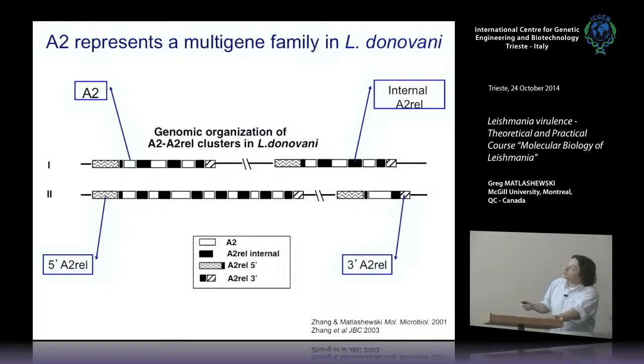And you can see that some of these white blocks are bigger than others. And the reason is because these ones have more repeats than these ones. So that 10 amino acid repeat, some of them have many more repeats than others. So this would be a big one, so it would express a bigger protein. This would be a small one, it would express a smaller protein. So there are many genes expressing A2 of many different sizes.